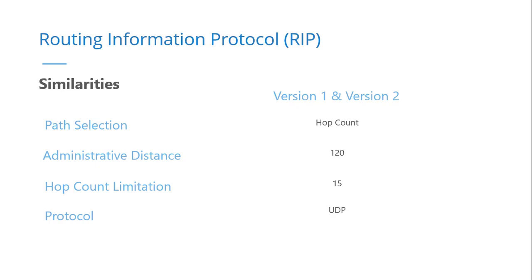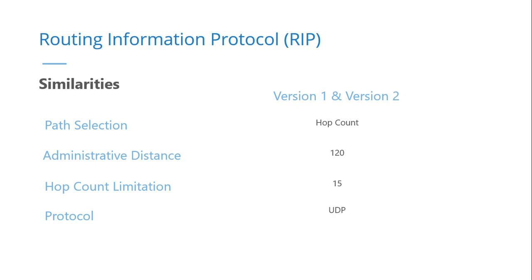One of the main weaknesses or disadvantages of using RIP is that the maximum number of hop count that it recognizes is only 15. If a route has more than 15 hops, it disregards that route and only uses routes that have fewer than 15 hops. Both version 1 and version 2 use UDP.